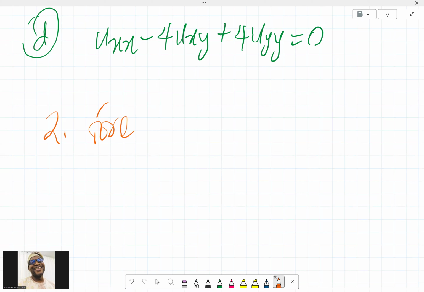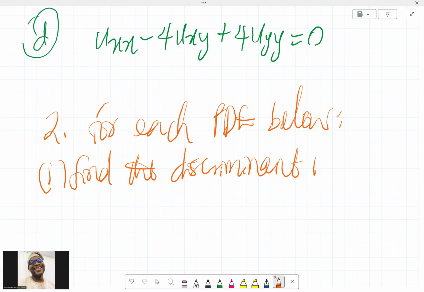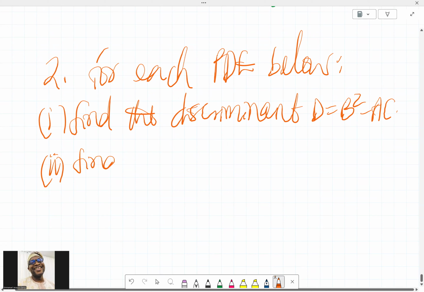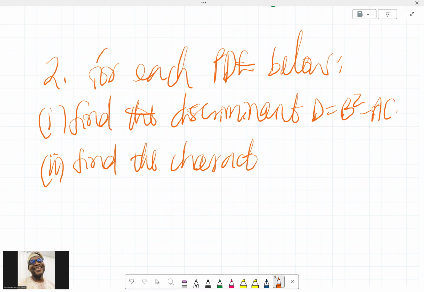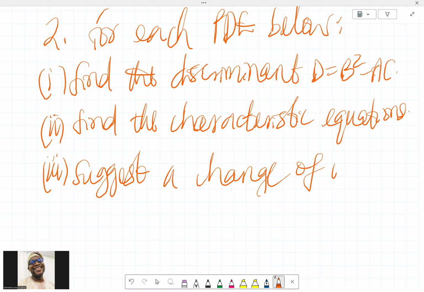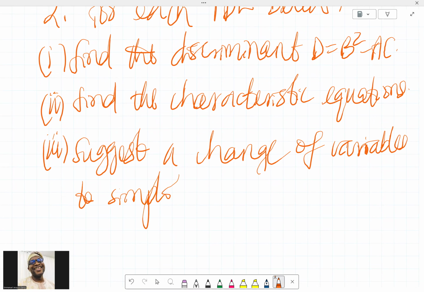For each PDE below: 1, find the discriminant, D equals B squared minus AC. 2, find the characteristic equations. 3, suggest a change of variables like psi and eta to simplify the PDE.